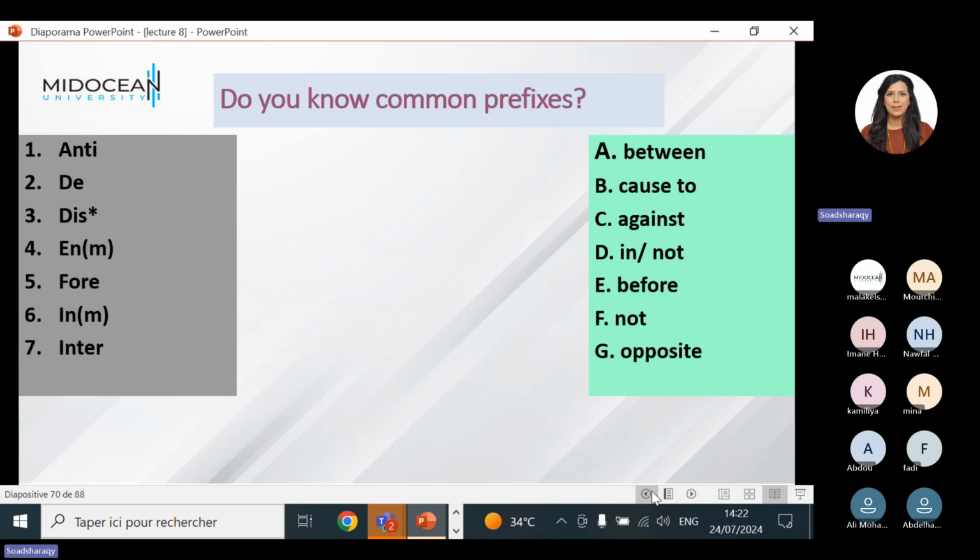Okay, now let's do this activity. Let's practice. Do you know common prefixes? Yeah, guys, okay, let's practice now. Are you here? Dear participants, can you hear me?